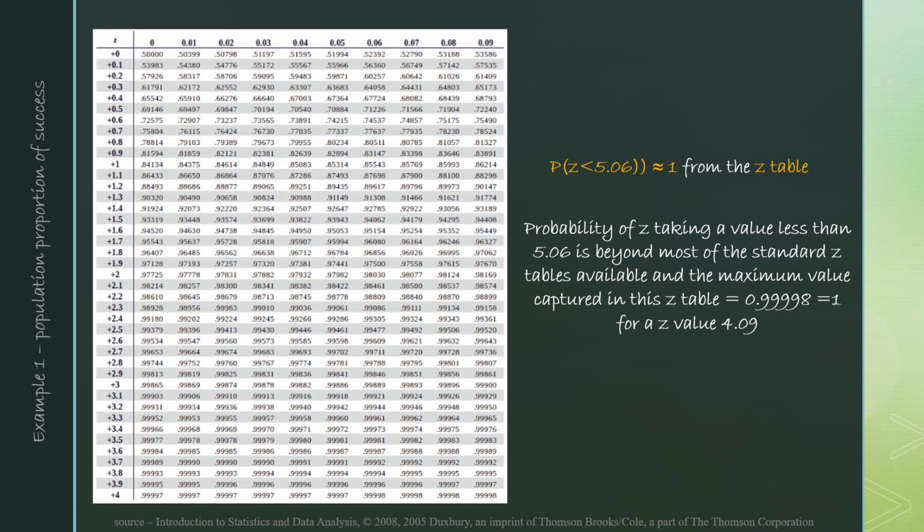It is beyond most of the standard z tables, and the maximum value captured in this z table equals 0.99998, which equals 1 for a z value of 4.09. Therefore, p-value equals 1 minus 1, which in turn equals 0.